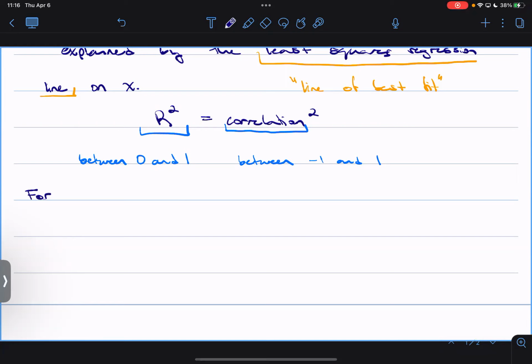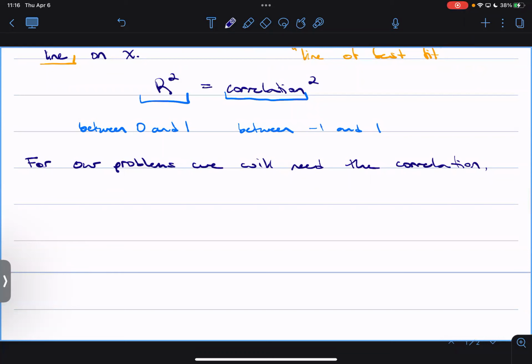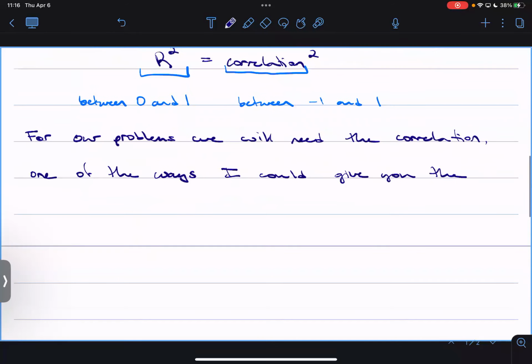So for our problems, we will need the correlation. One of the ways that I could give you the correlation is by giving you R squared.